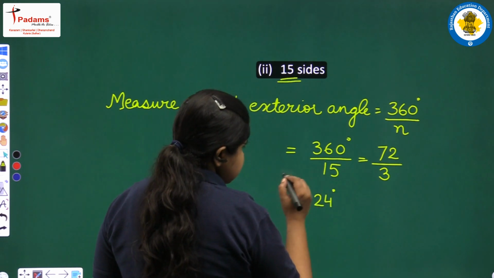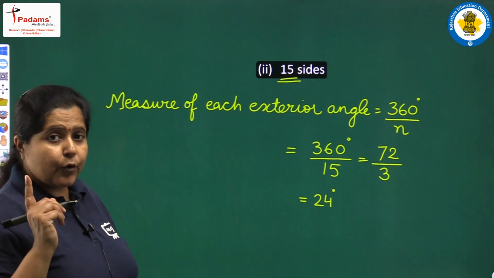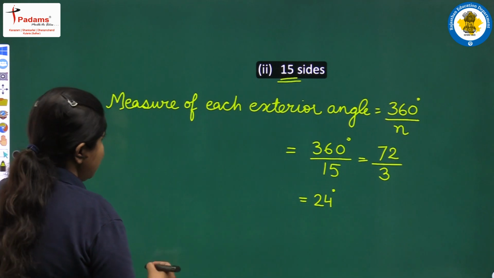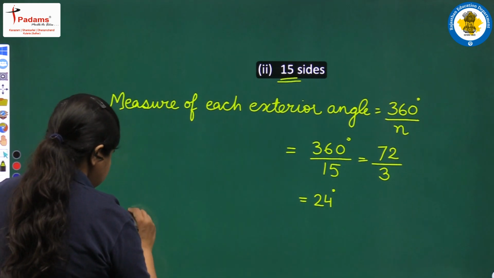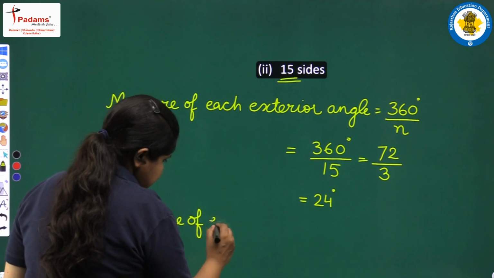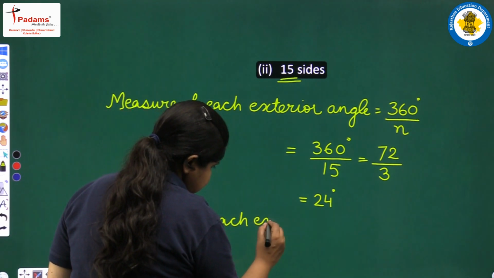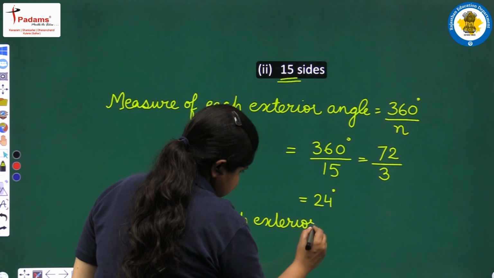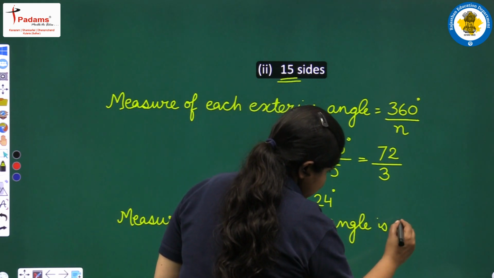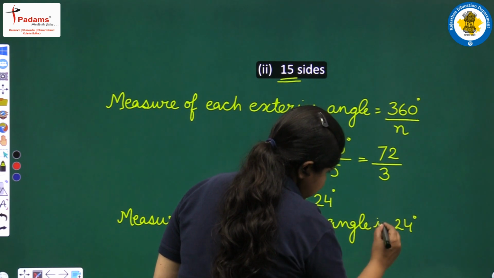So, each angle will be of 24 degrees. Dividing 72 by 3, we get 24. So, we can say measure of each exterior angle is 24 degrees.